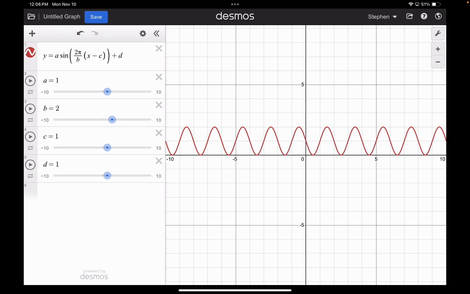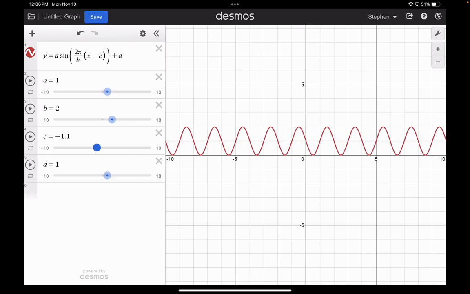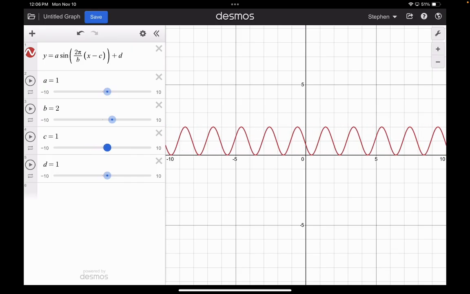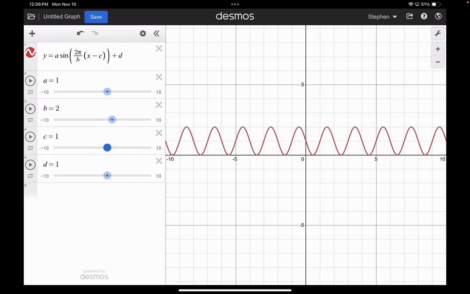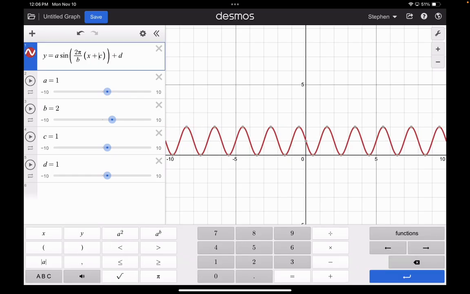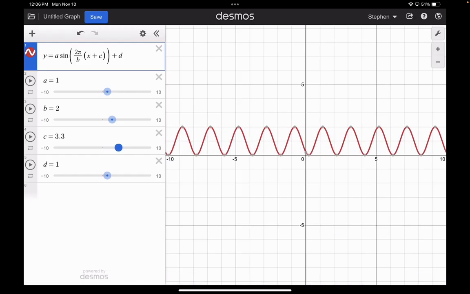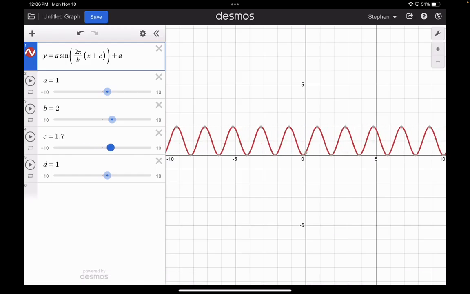But the x minus c lets me move it right, and it moves right. If I move it left, it moves left. So this inverse relationship is taken into account by this minus sign. If I do plus here instead, then moving the slider to the right causes my graph to move left. Right? Does that make sense?